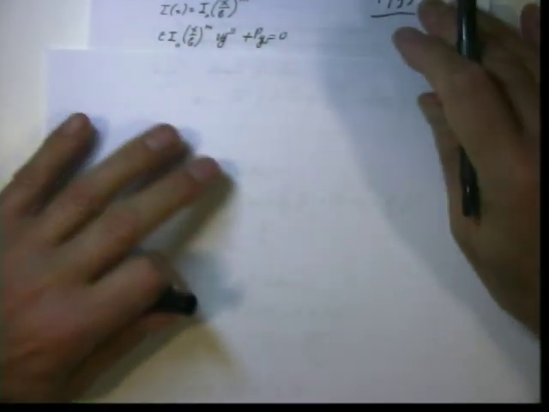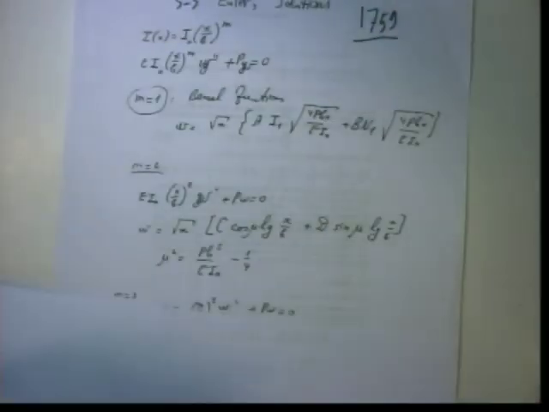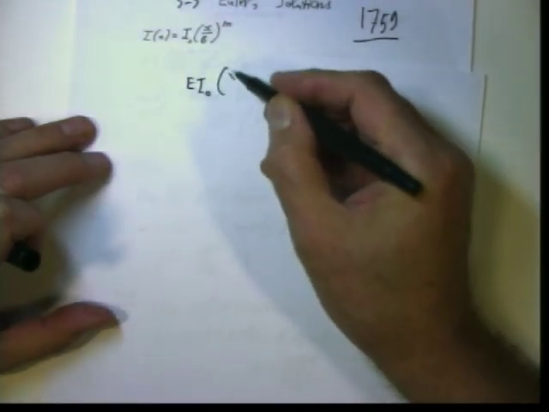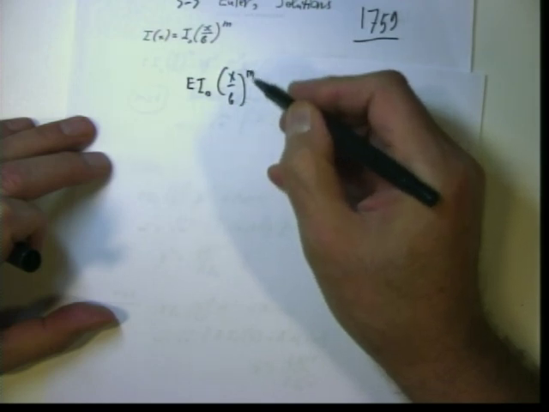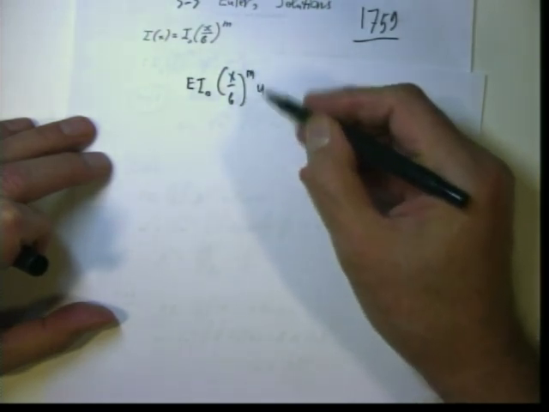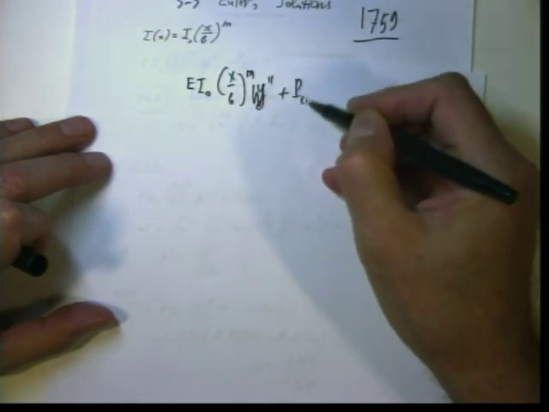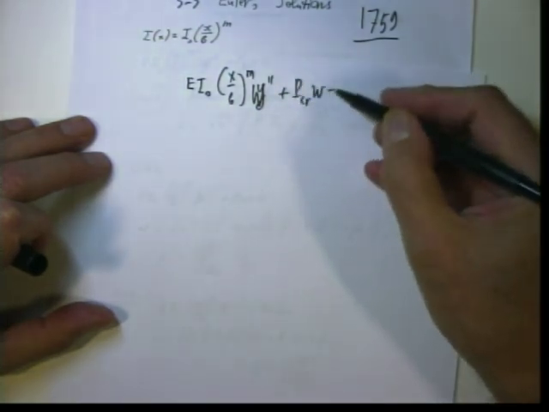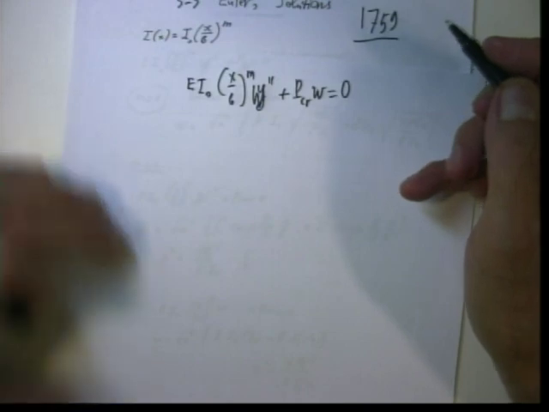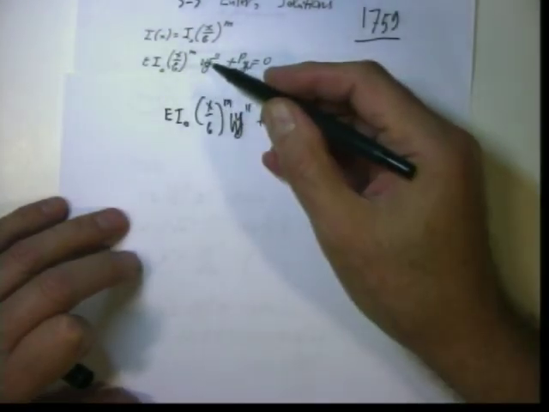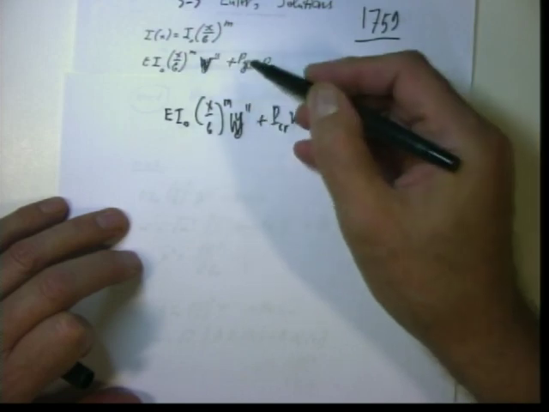I will write down this equation, okay? I will rewrite this. It says E I sub 0 x over b in power m w second derivative plus p critical w equals 0. That is this equation. Oh, I had y and then I changed it to w.